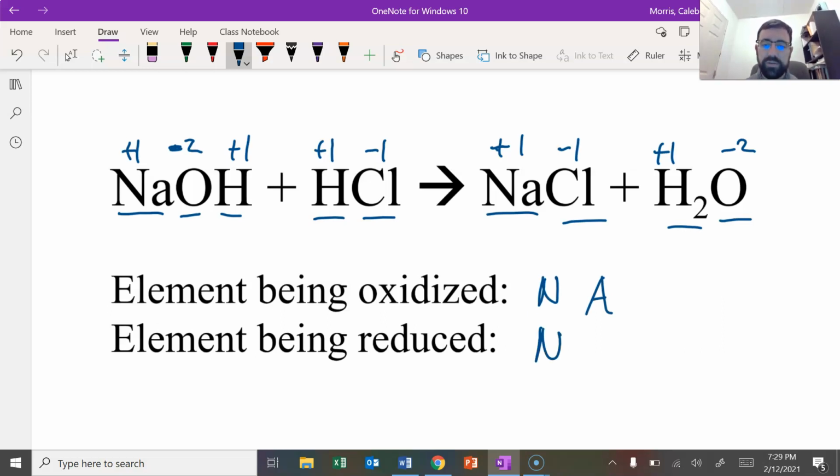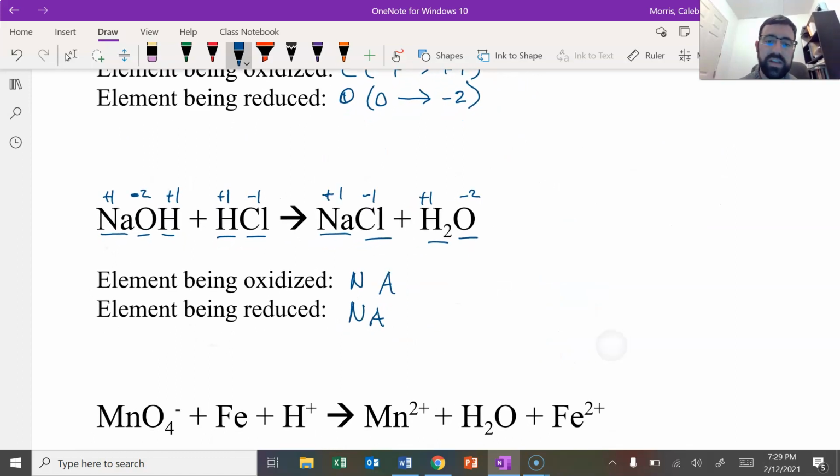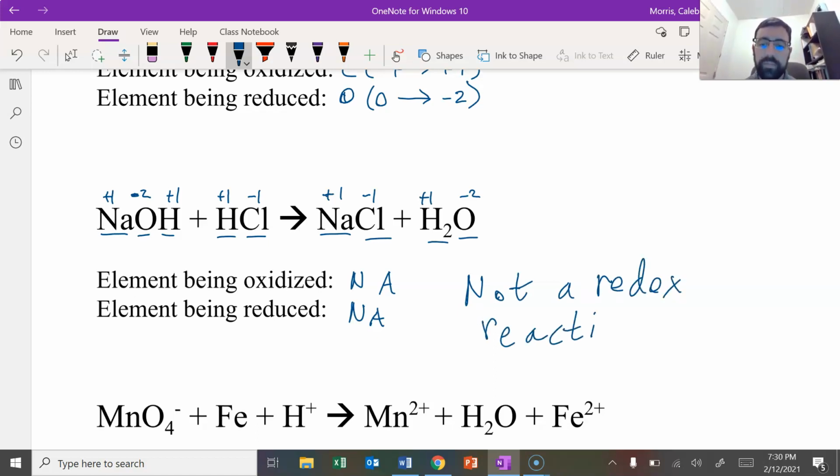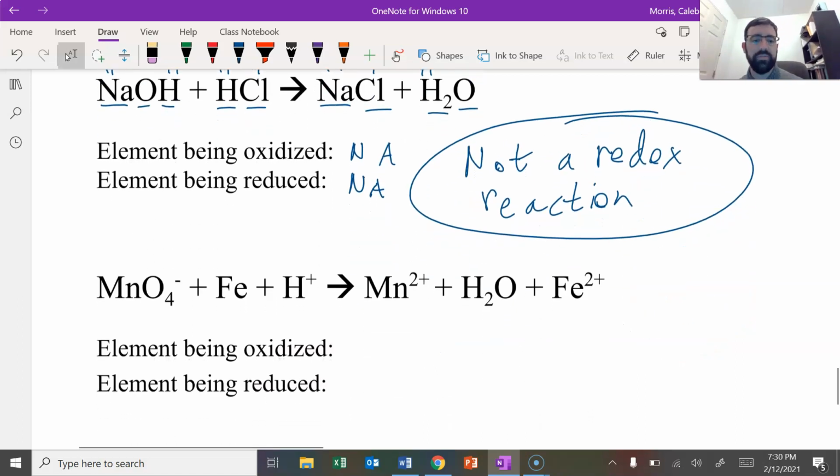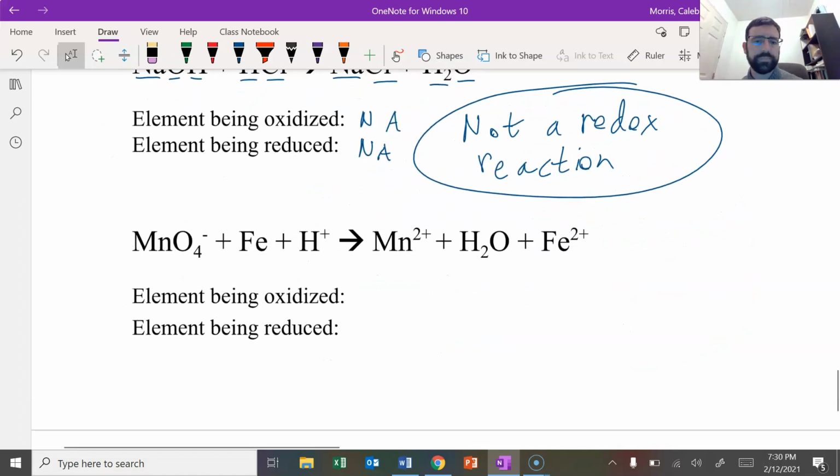Nothing is being reduced. What does that mean? That means this is not a redox reaction. It's not a redox reaction because nothing is oxidized or reduced. So that one was thrown in there just to check and see if you could catch when something is not a redox reaction. That might come back in some sort of test or quiz question.